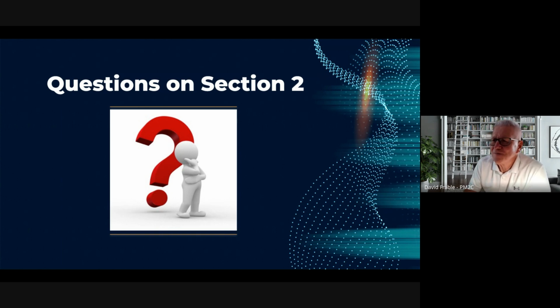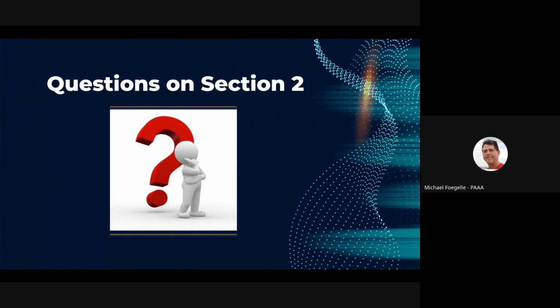Next one. Does the monitoring system affect accessibility requirements? No, it does not. This is offsite. I assume you're talking about the fire alarm signals going to a supervisory monitoring station. That's the monitoring system. Yes, that's what I'm talking about.